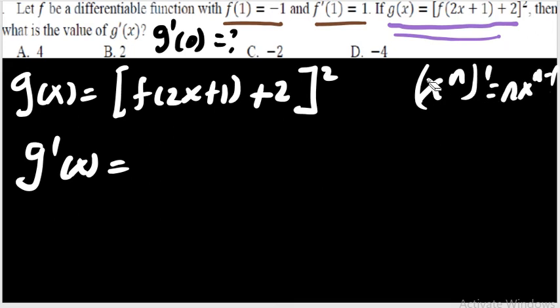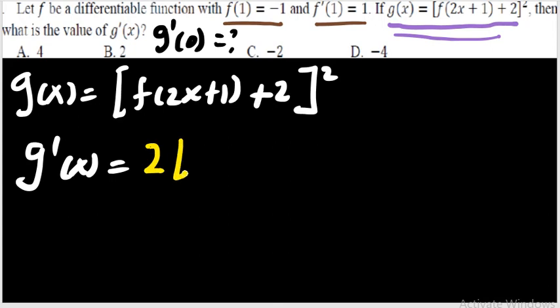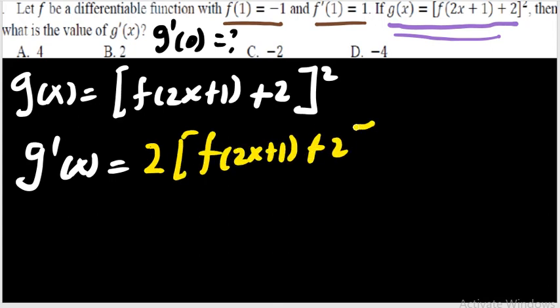So I'm going to apply that rule here first, and then by chain rule the inner function will be derived. So this 2 exponent will come as a coefficient, and it's going to be 2 times f of 2x plus 1 plus 2 remain as it is, times the derivative of the inner function. What is the inner function? This thing plus 2. Plus 2 derivative is 0, so we can ignore.